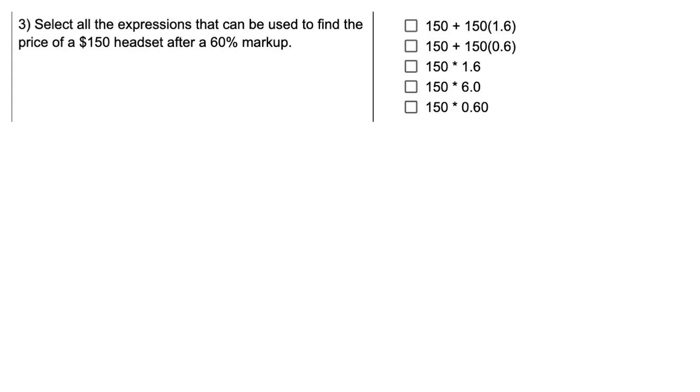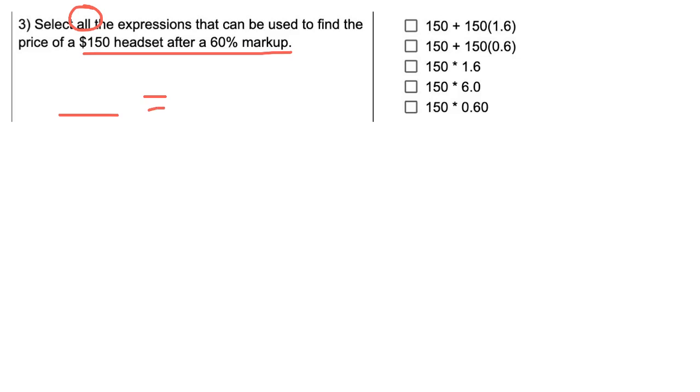Question number 3 says, select all. Oh my goodness, all means we're going to have more than one answer. The expressions that can be used to find the price of a $150 headset after a 60% markup. Well, first I better figure out how much that is.